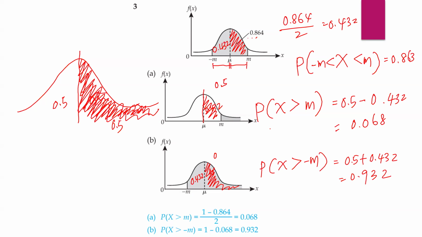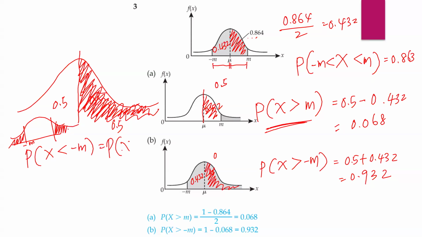Or, okay, we get the value over here already, right? So this is X less than negative m, where the probability is the same as X greater than m. Because the size is the same, the probability will be the same.